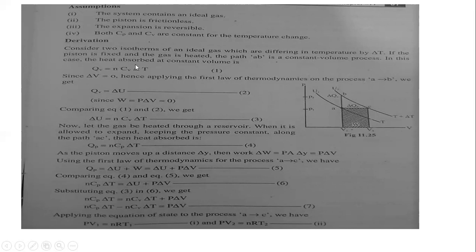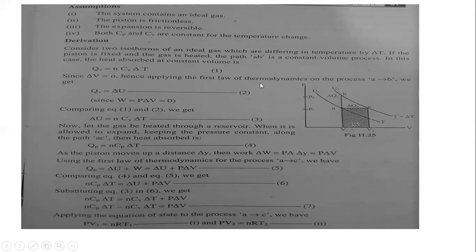In this case, the heat absorbed at constant volume, this is the formula of molar specific heat at constant volume, Qv equals n Cv delta T. Since the volume is constant, delta V equals 0.